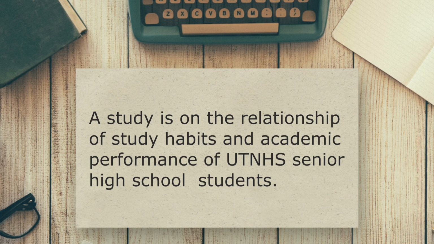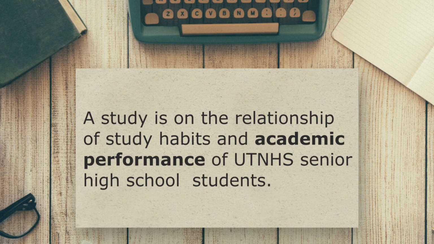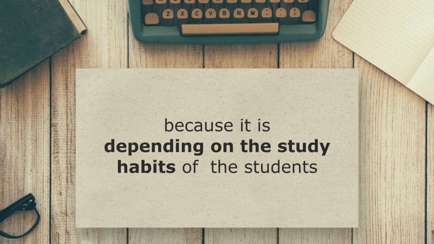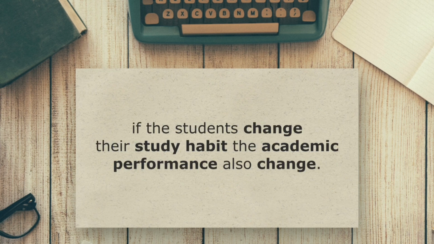A study is on relationship of study habits and academic performance of UTNHS senior high school students. Academic performance is a dependent variable because it is depending on the study habits of the students. If the student changed their study habit, the academic performance also changed.